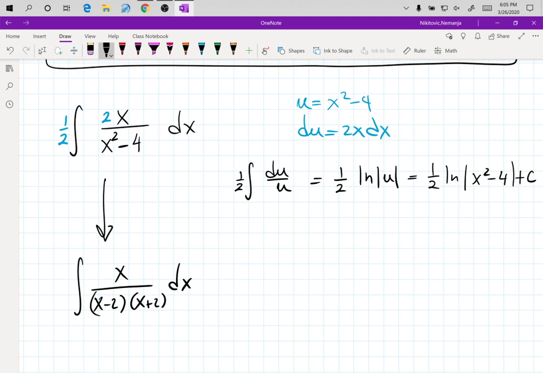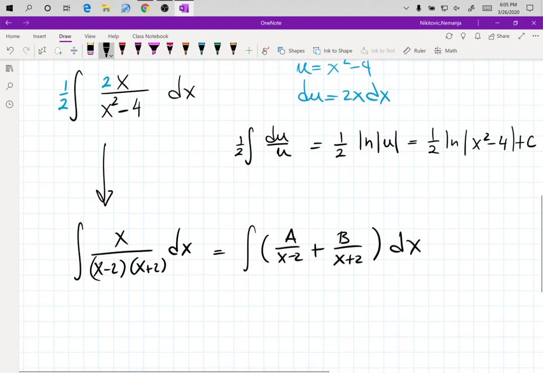So you say integral of a over x minus 2 plus b over x plus 2 dx. You better get the same answer. So we are going to now do the partial fraction decomposition.